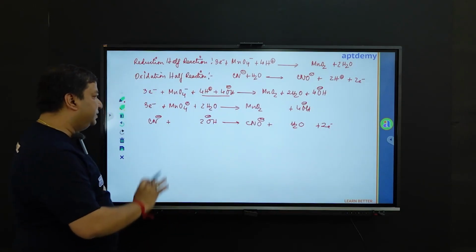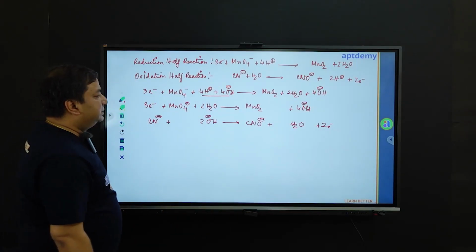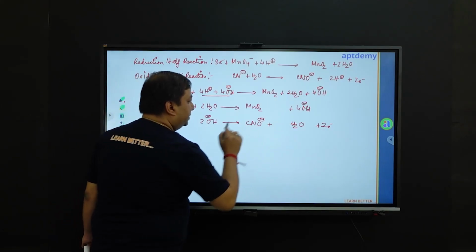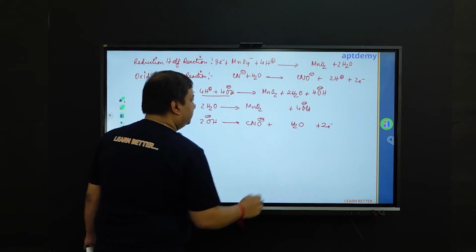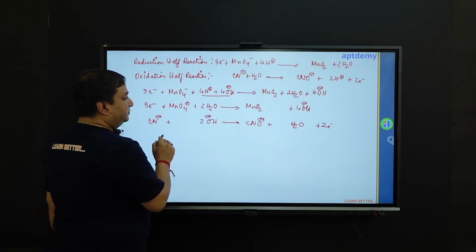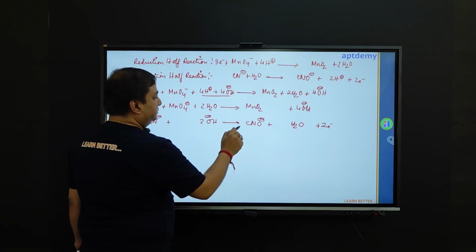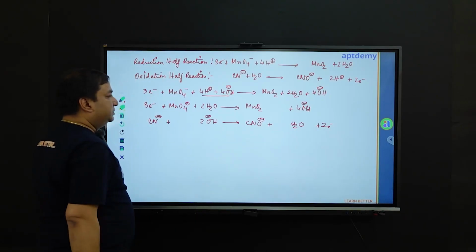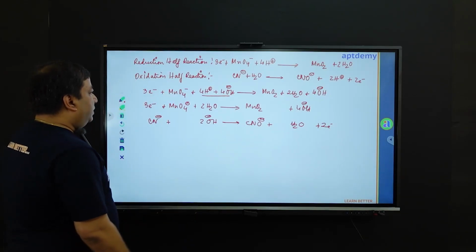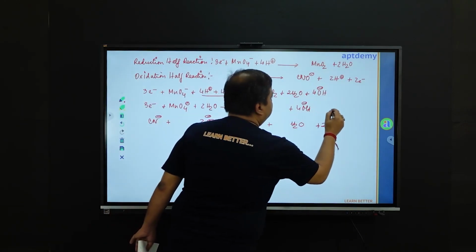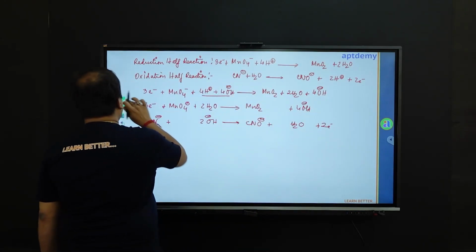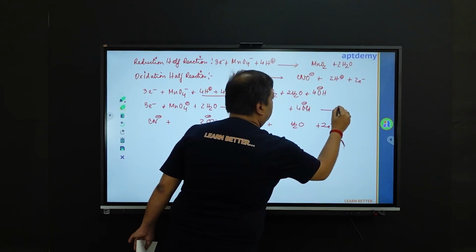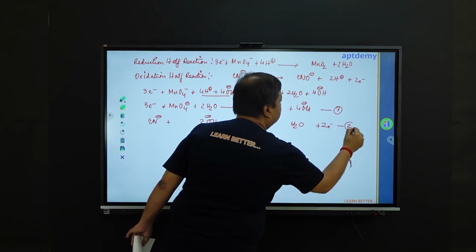Now we recheck: 2 oxygen, here also 2 oxygen, 2 hydrogen, 2 hydrogen, and CN here, CN there, so these are balanced. Let us call this equation 1, and this equation 2.